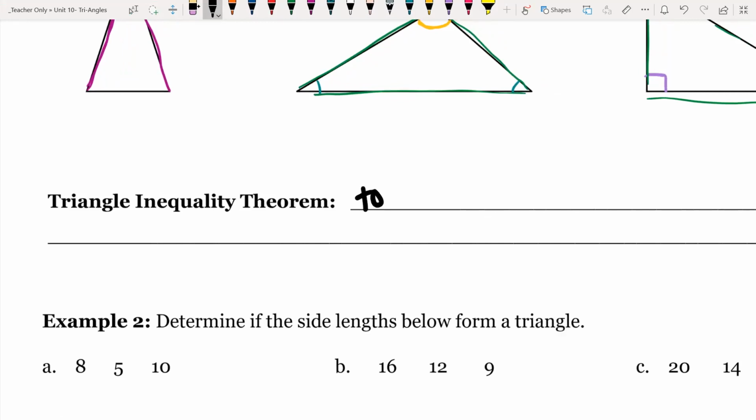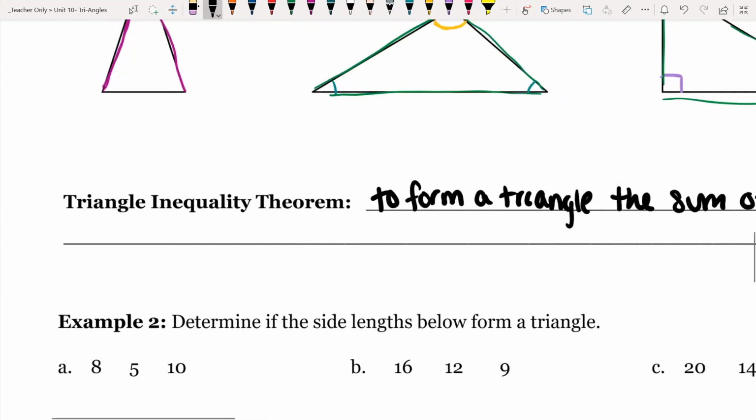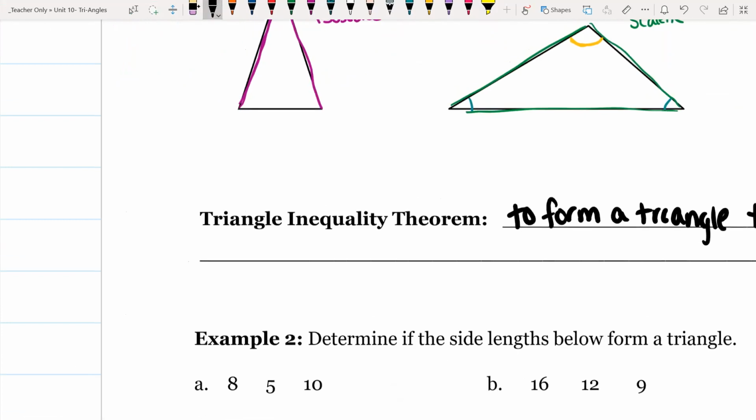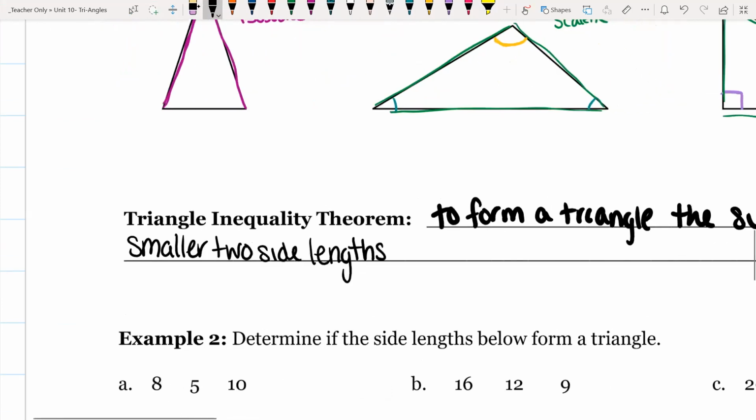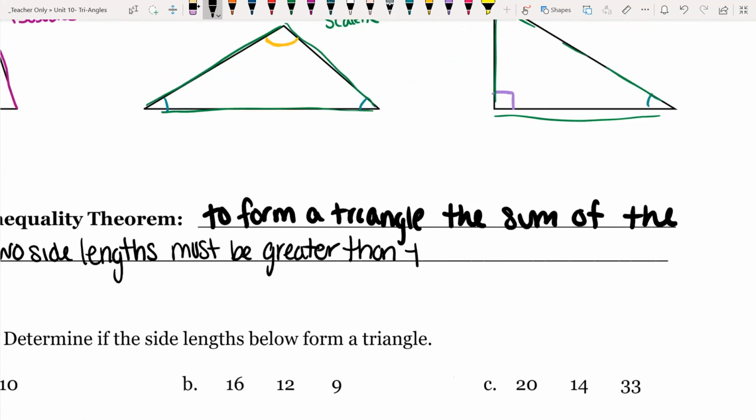So in order to form a triangle, the sum of the smaller two side lengths must be greater than the third side length.